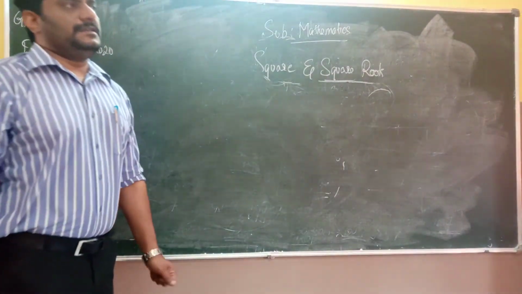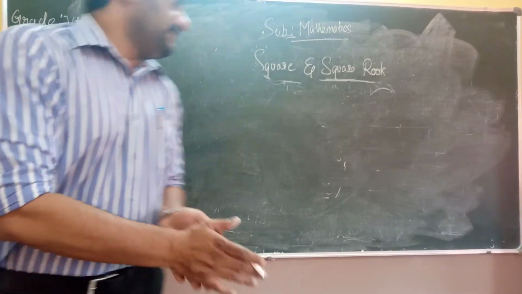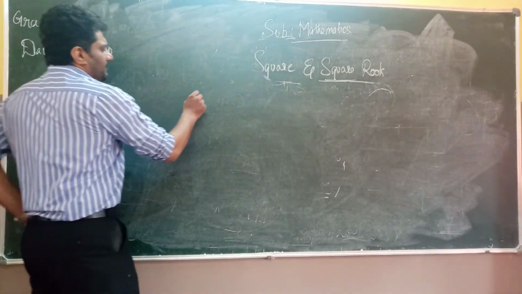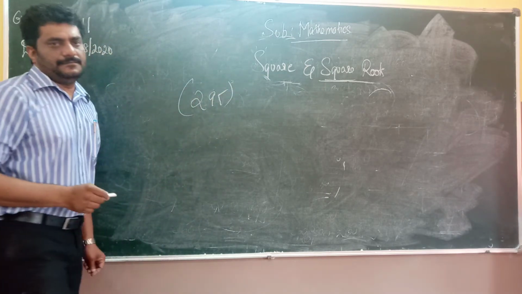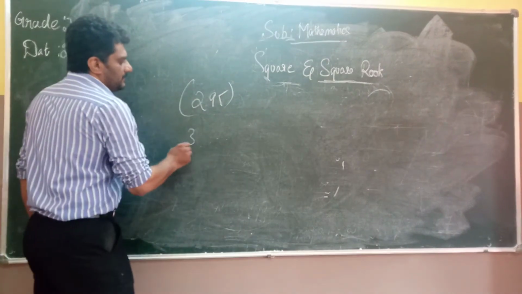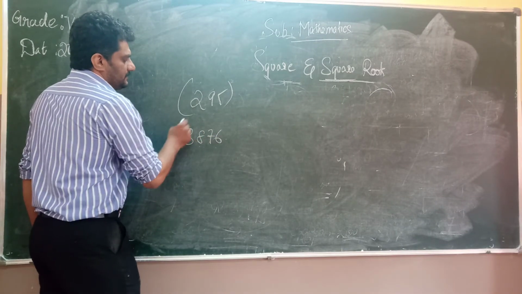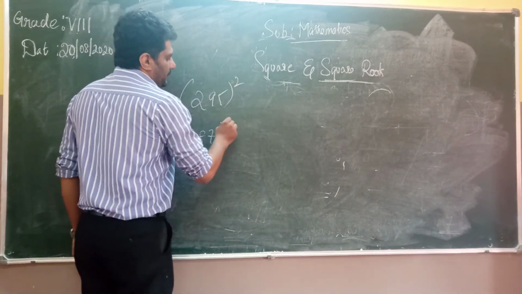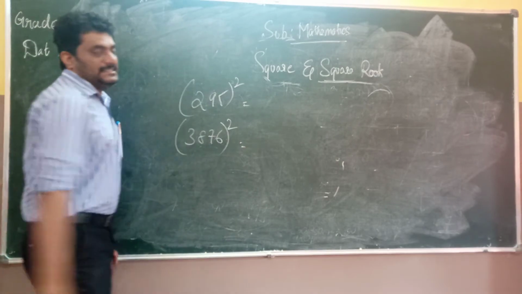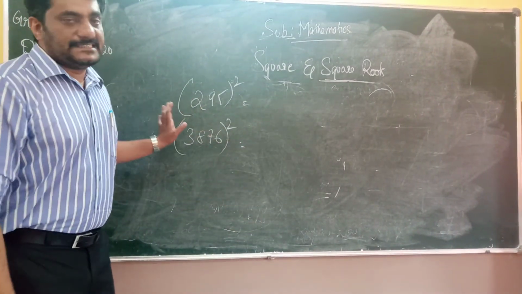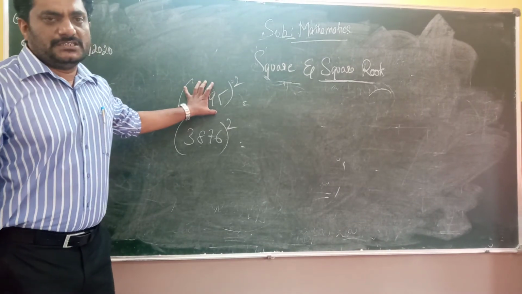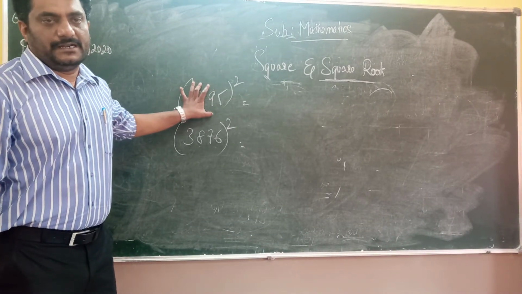Now the next part of the property is, you have a number 295, okay, or you have a number 3876. You do a square. The question they are asking is not to find the square. They are asking what is the unit digit of this particular square.